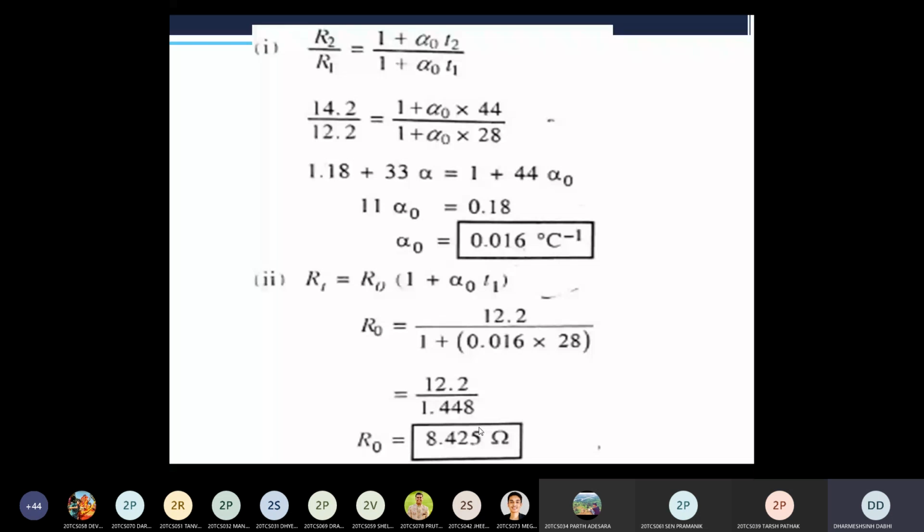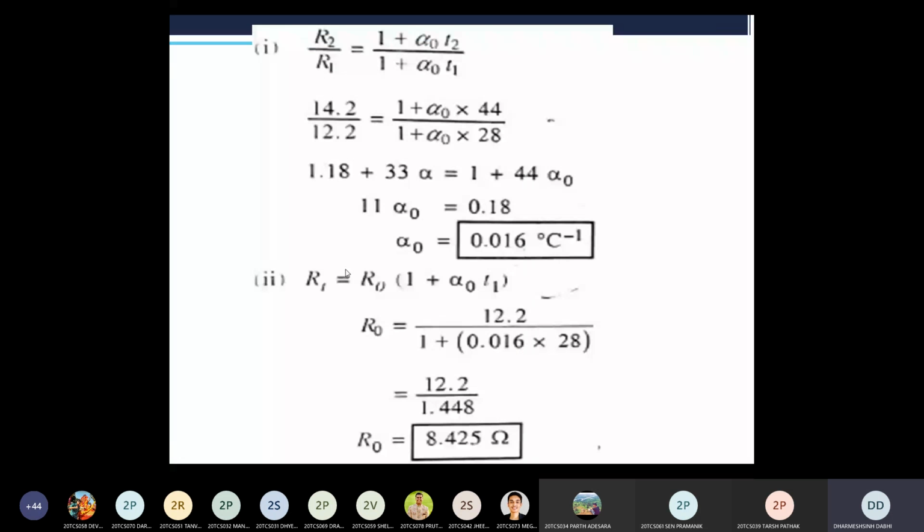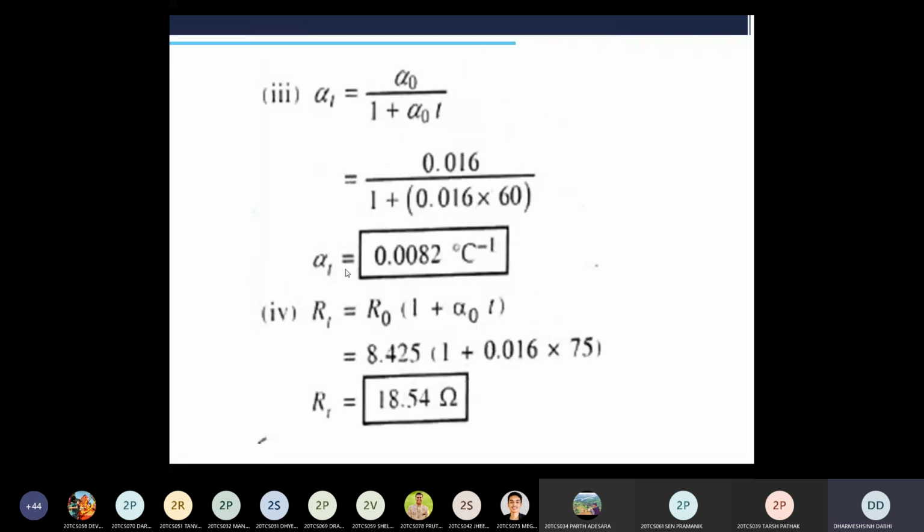Okay. And third is we need to calculate the temperature coefficient of resistance at 60 degrees Celsius. It means alpha 60. We need to calculate alpha 60. So there is one equation, the relationship between alpha t and alpha 0. Suppose the initial temperature coefficient is given, alpha 0.